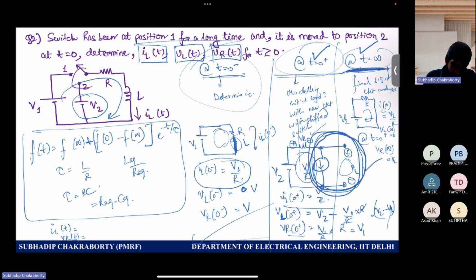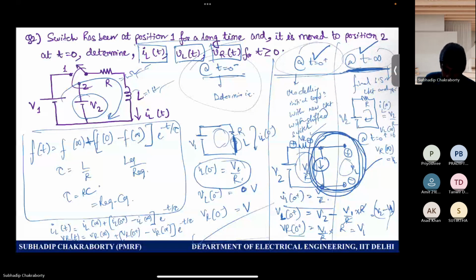You all know that IL of t is IL infinity plus IL 0 plus minus IL infinity whole into e to the power minus t by tau, where tau is nothing but L by R. For simplicity, assume L to be 1 Henry, R to be 1 ohm. Now VR is VR infinity plus VR 0 plus minus VR infinity as per the equation, times e to the power minus t by tau. So plug in the values. What is it coming? Tell me.